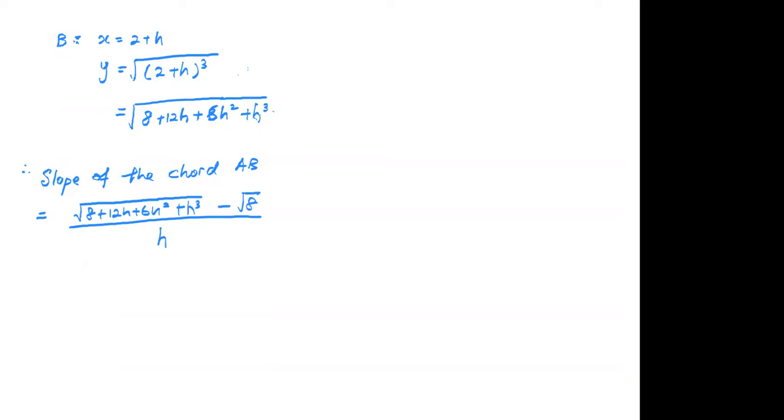If you substitute in like that, listen, if you just put the slope of the chord equal to (2 plus h) to the power of 3 over 2, take away 2 to the power of 3 over 2, the whole thing divided by h. Okay, listen here. In doing this, you get 2 points.